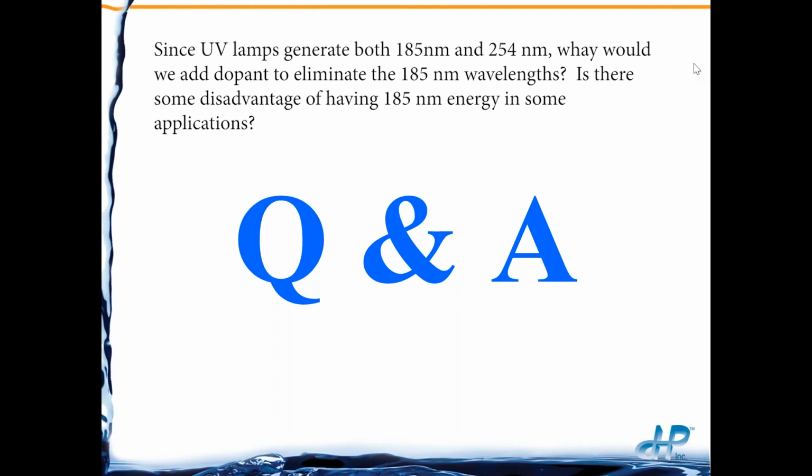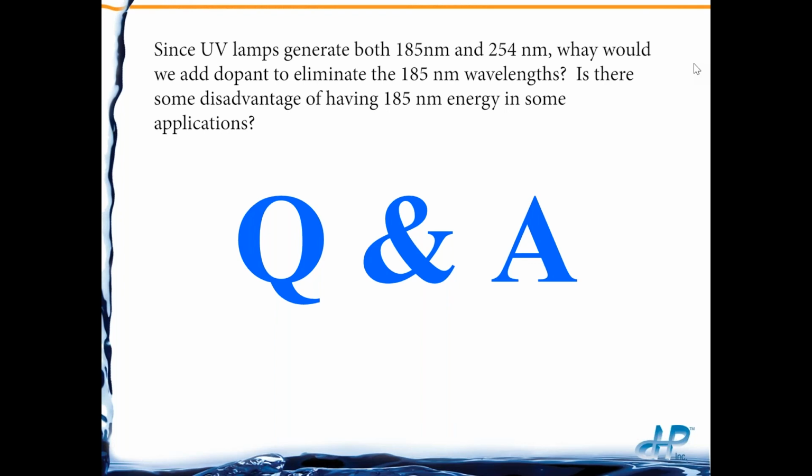And this then will increase the conductivity. The organic molecules themselves may or may not be ionic, so they may or may not influence the conductivity. But when you whack organics with 185 nanometer, you will get a conductivity increase.